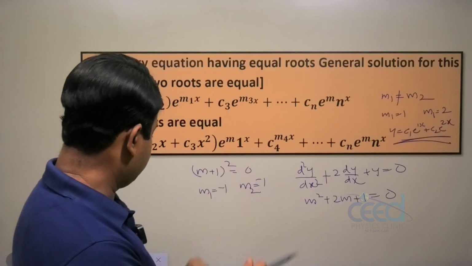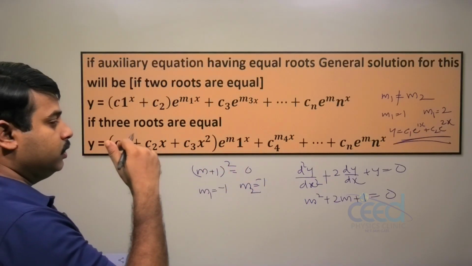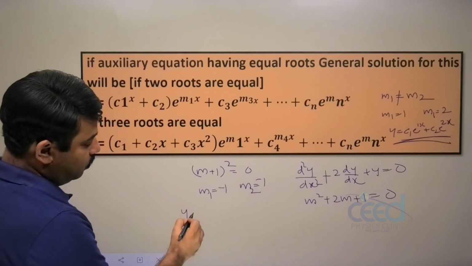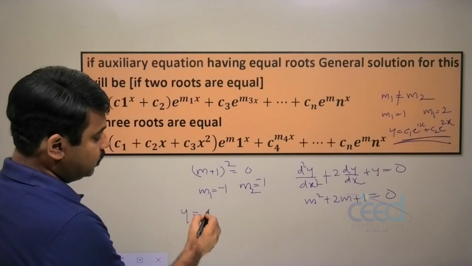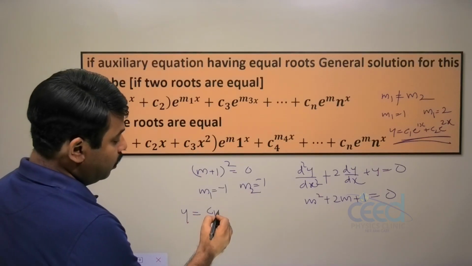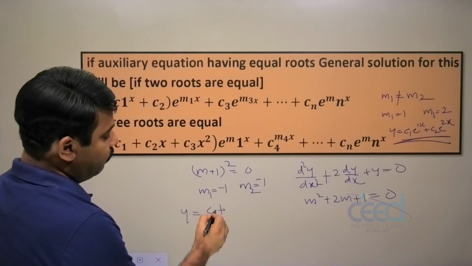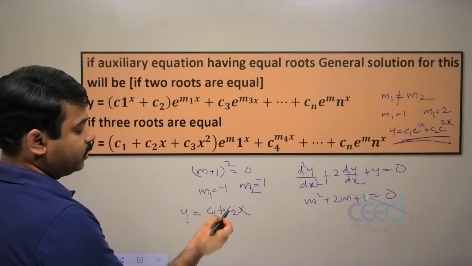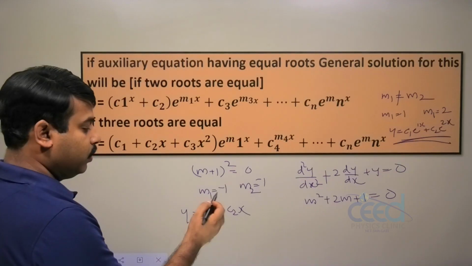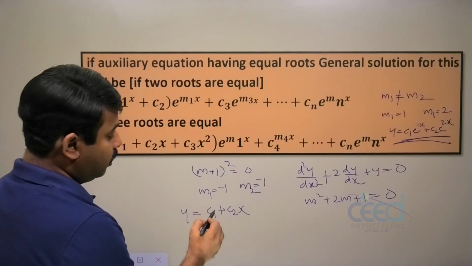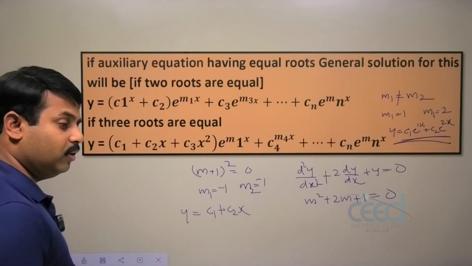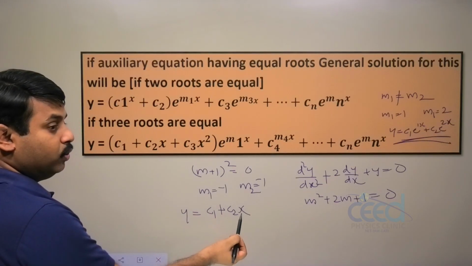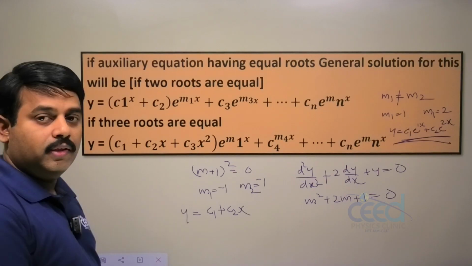Right. Suppose both m1 and m2 are equal, then you have to write the solution like this: c1 plus c2x, or you can write c2 plus c1x, or c1x plus c2. That also you can write, but one constant plus the other constant into x, right?